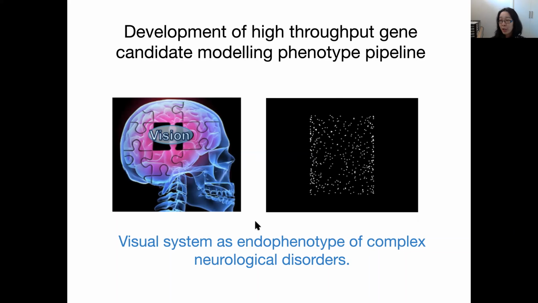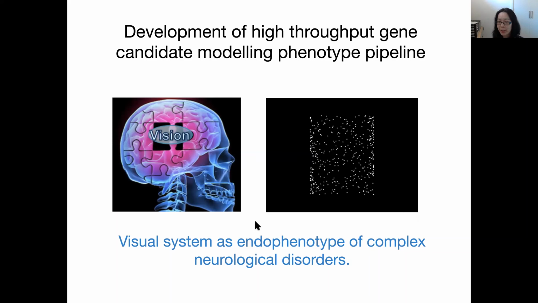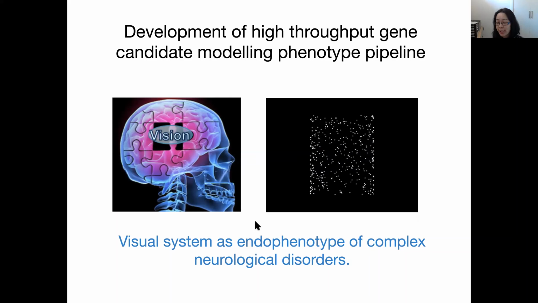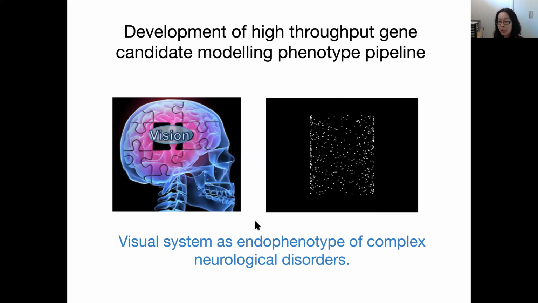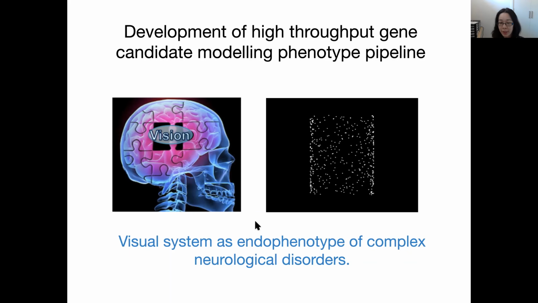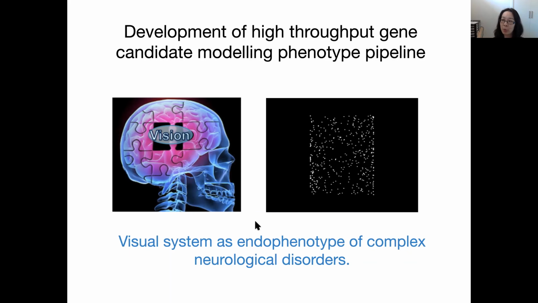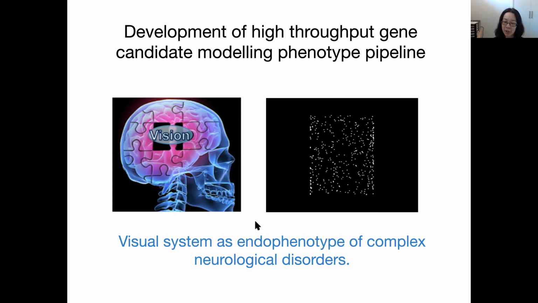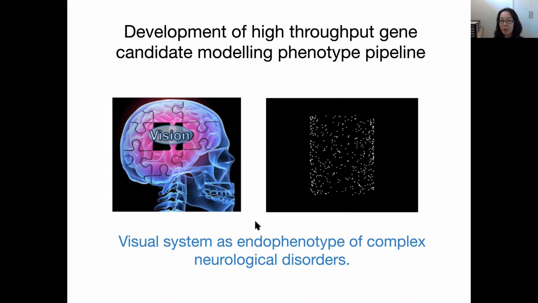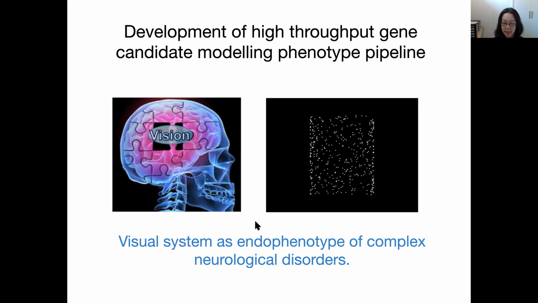Once we introduce noise into the system, making some of the dots behave more randomly, we find that, for example, schizophrenic patients have a harder time seeing the global motion because they can't do that integration. That's just one example of how we think about the visual system as a readout for central nervous system function.